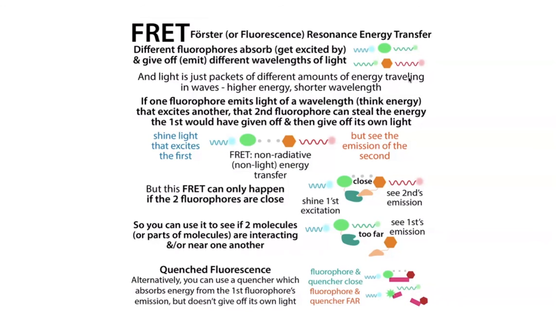You also have quenched fluorescence, where what would have been your second fluorophore is now a quencher, which just steals that energy, doesn't allow the first molecule to give off light, but also doesn't give off light itself. And there are various methods that we use for all of these different things. We can do things inside of cells, including with genetically encoded sensors, using things like GFP and YFP and all those FPs, through recombination, molecular cloning and all that good stuff.